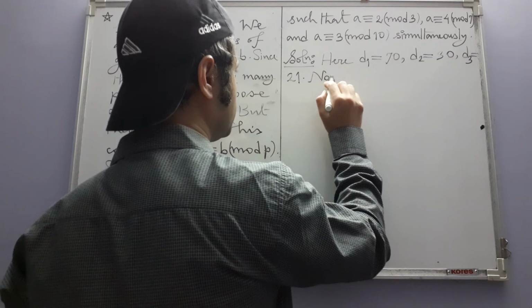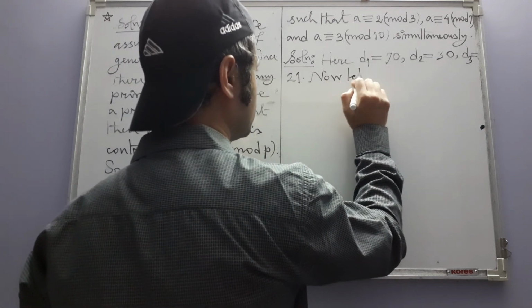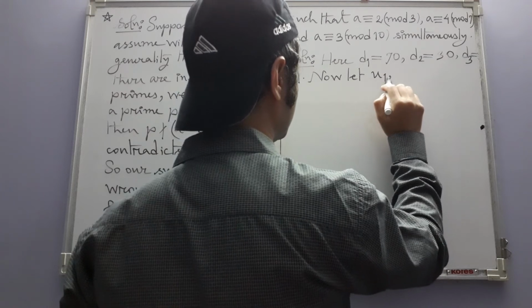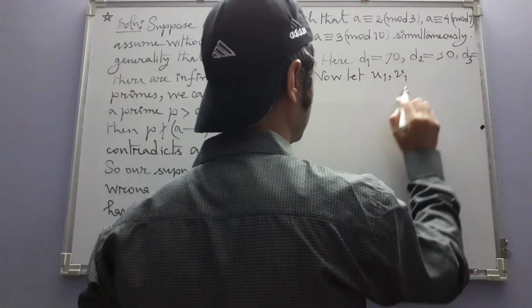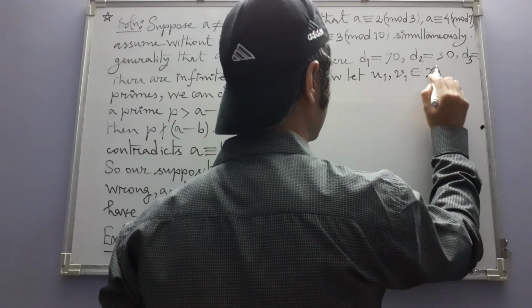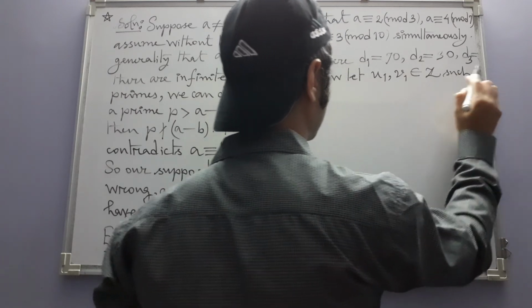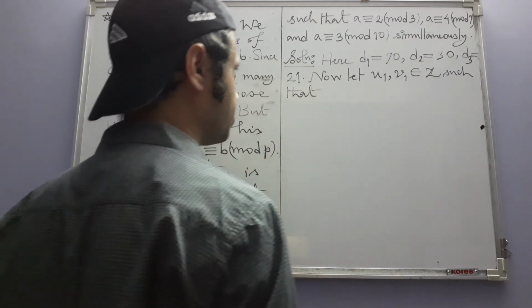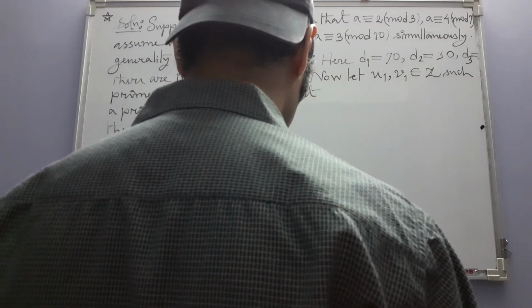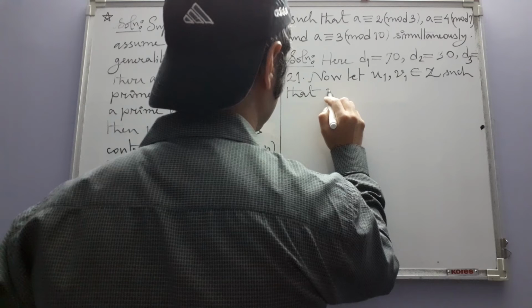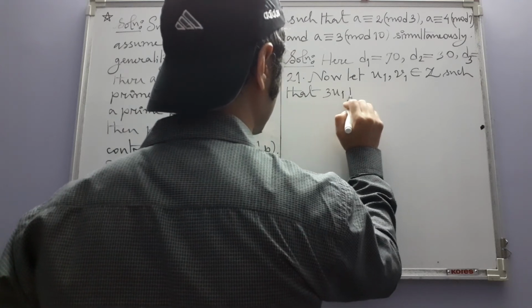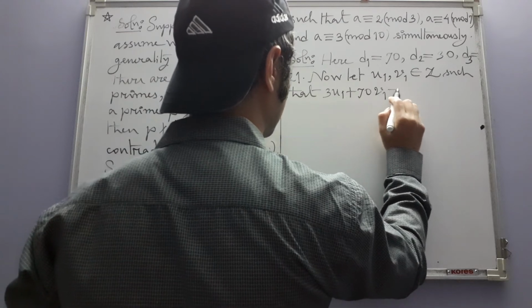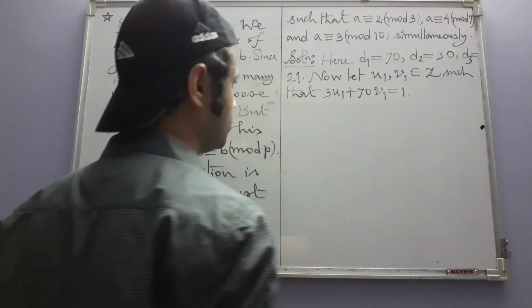Now, let u1 and nu1 be integers such that 3u1 plus 70 nu1 equal to 1.